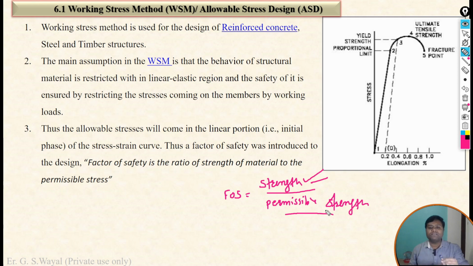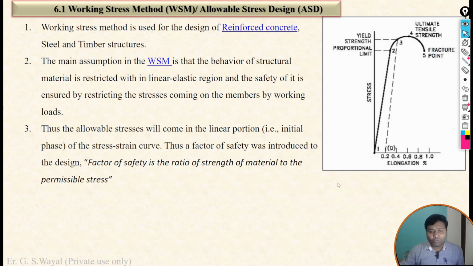It is the allowable strength, and that allowable strength we can calculate as per the codal provisions. Okay, in the code some provisions are given, so on that basis we can consider the permissible strength, and that permissible strength depends on every material. So when we are designing any member by using the working stress method, the formula for the factor of safety is actual strength divided by the permissible strength.